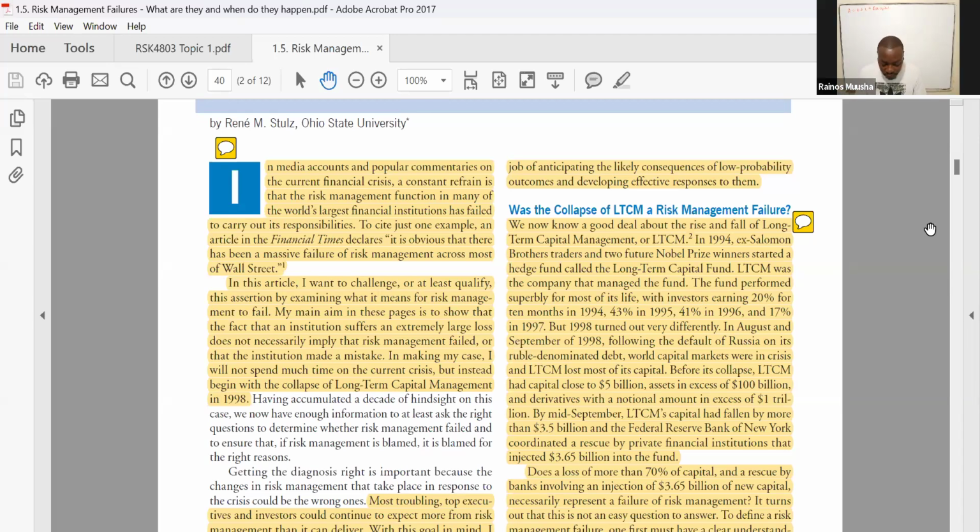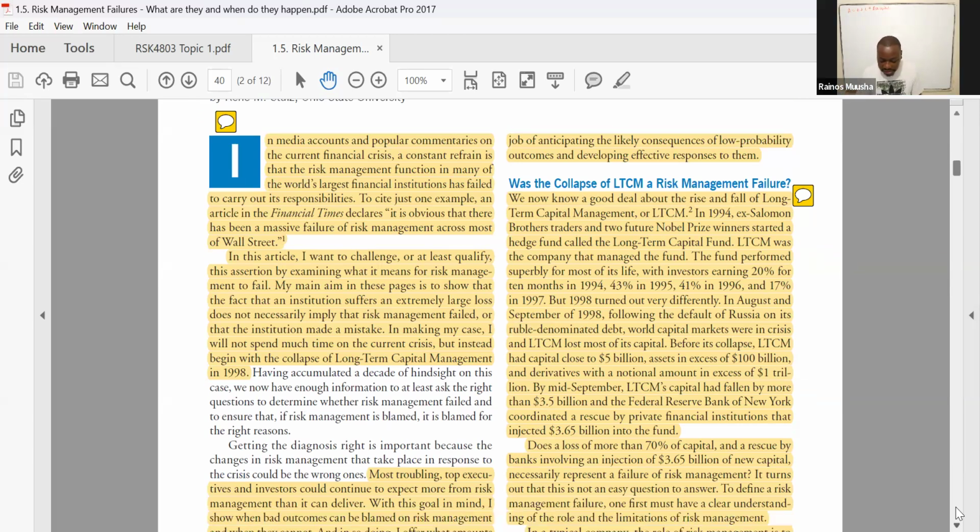So here they say, we now know a good deal about the rise and fall of long-term capital management, or LTCM. In 1994, ex-Salomon Brothers traders and 2 future Nobel Prize winners started a hedge fund called Long-Term Capital Fund. The LTCM was the company that managed the fund.